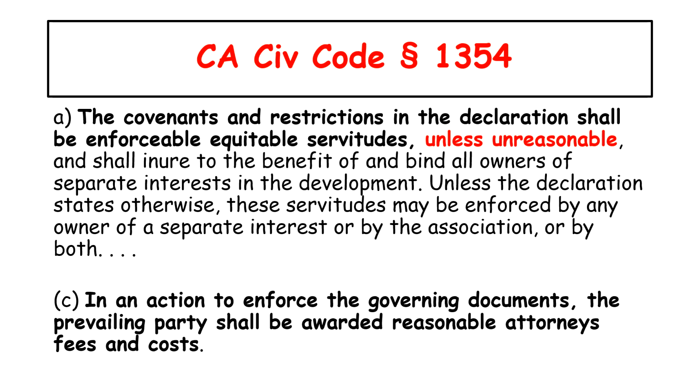So the California Civil Code requires that covenants and restrictions in the declaration, right, of that subdivision that we plot that we were talking about, that is right, a recorded declaration, shall be enforceable equitable servitudes unless unreasonable, and shall inure to the benefit and bind all owners of separate interests in the development.